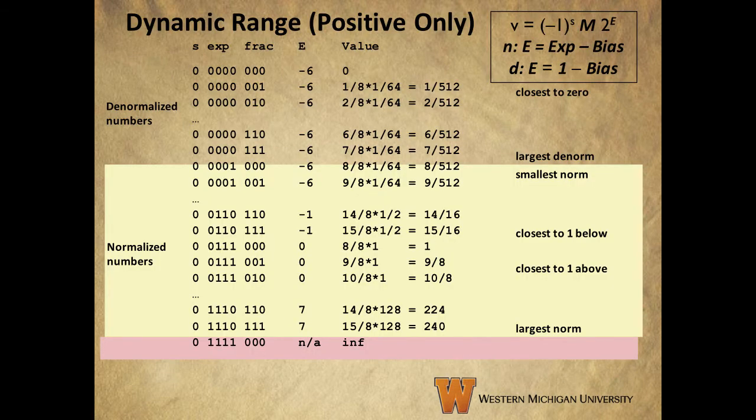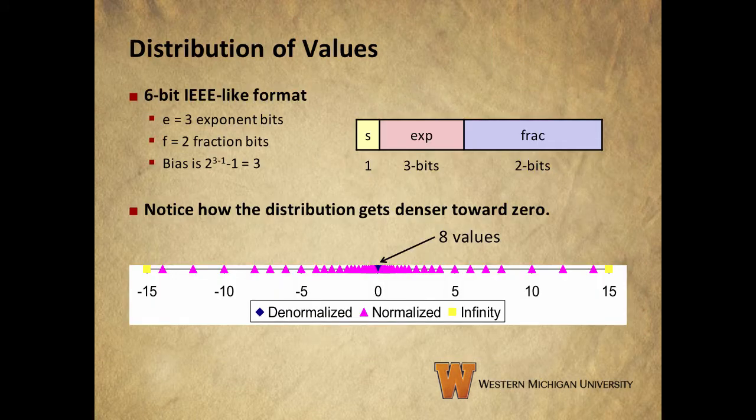This slide shows the range of numbers we can represent with this tiny format. We're just looking at the positive numbers here, but you can get the idea of how the denormalized, normalized, and positive infinity are represented. Just like in larger representations, we see that the denormalized and normalized numbers distribute in the same way.